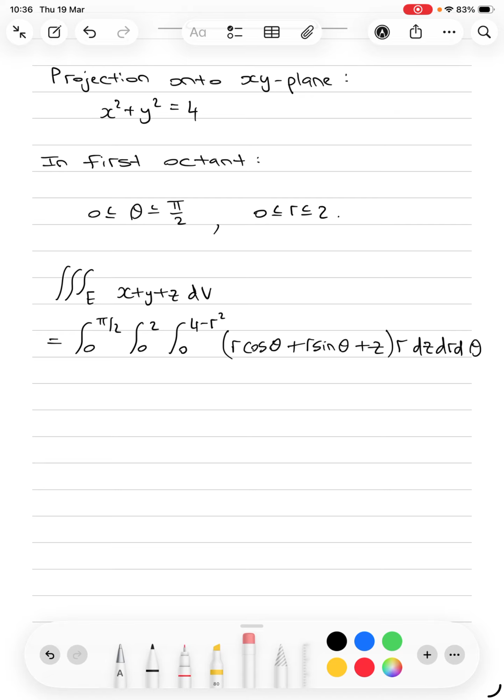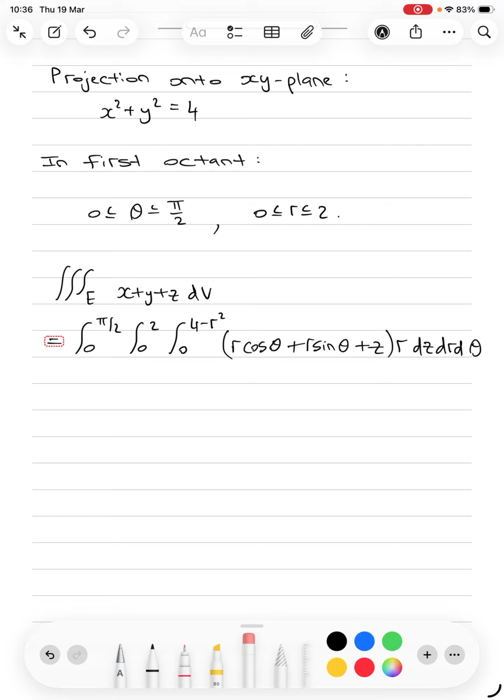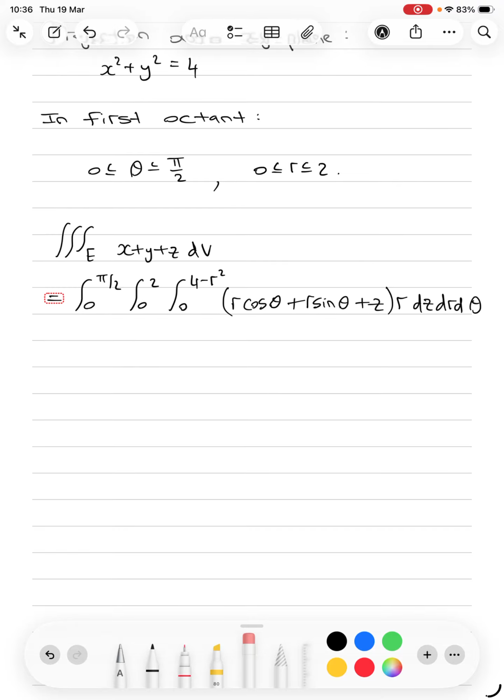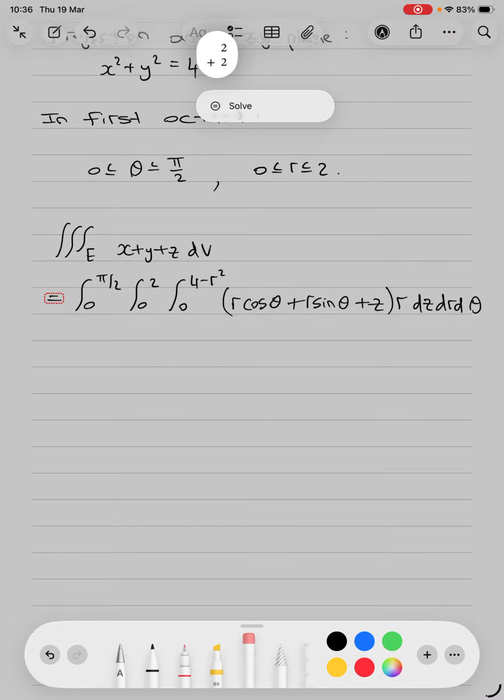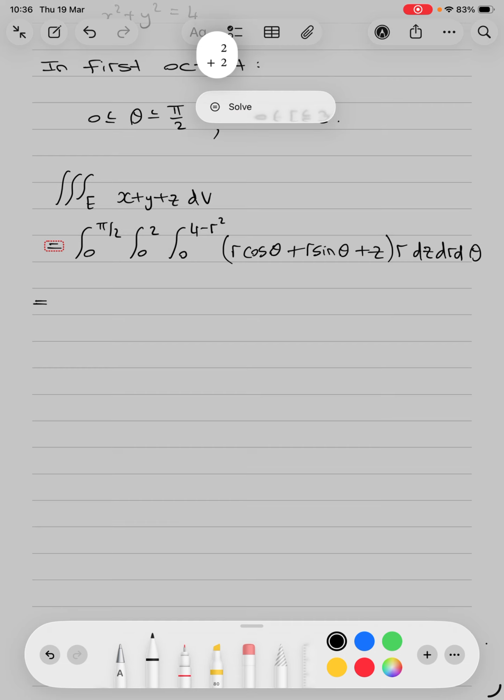Right, so we have no choice in integrating with respect to z first, but thereafter you might ask yourselves whether it's easier to integrate with respect to r or theta first, because you can swap it in this instance, but that really doesn't matter. It's probably the same amount of work either way.